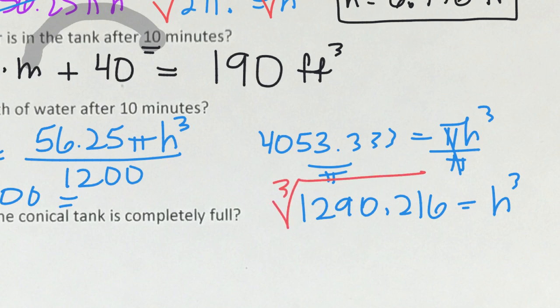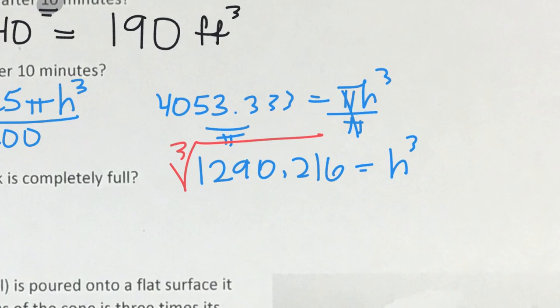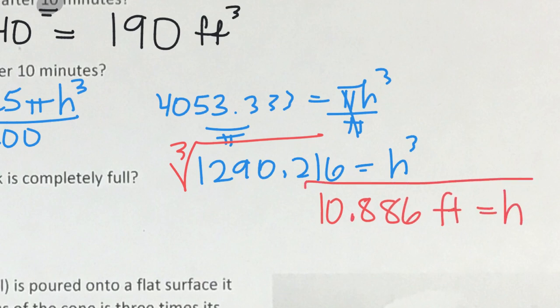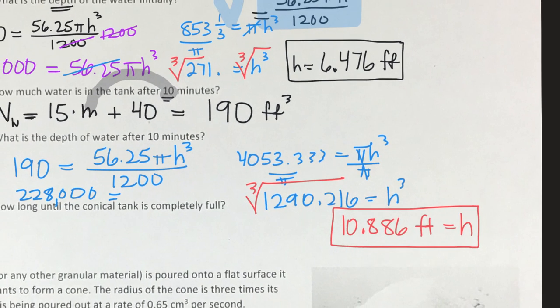The cube root of 1290 and change is 10.886, so basically 10.89, but 10.886 feet is the depth of the water after 10 minutes. It started off at 6.5 feet, and now it's at 10.9 feet.